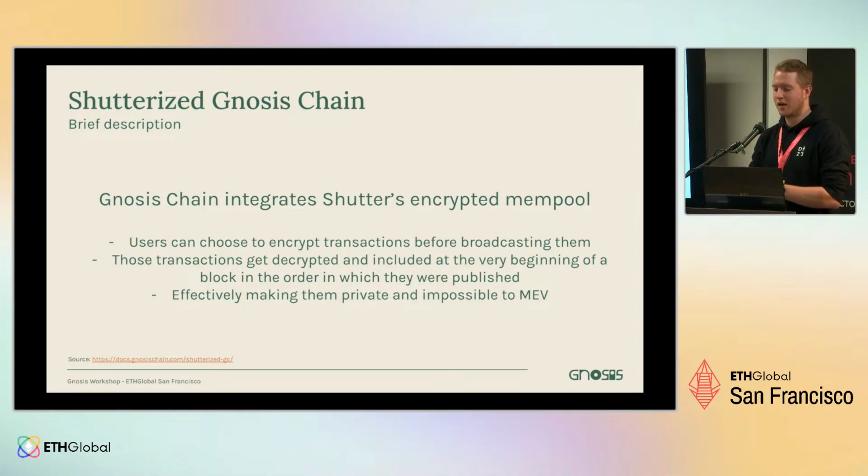As soon as a Shutter-enabled validator gets to propose a block, they get decryption keys from a set of decentralized keepers. They decrypt those transactions and then have to put them at the very beginning of the block they are building, in the order defined by the sequencer contract. They are not allowed to add any other transactions in between. So they cannot front-run you, they cannot MEV you in any way, because they have to respect that order and put them at the very beginning of the block. This effectively makes those transactions private and impossible to MEV.